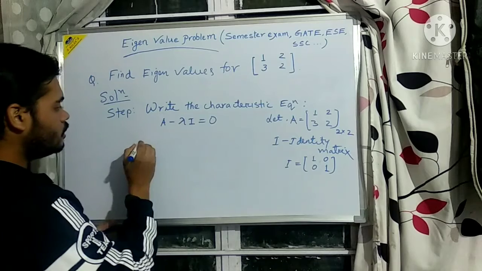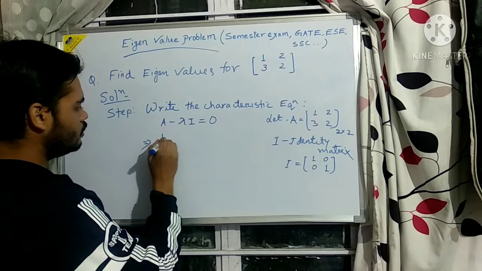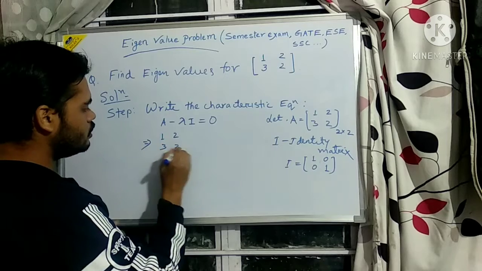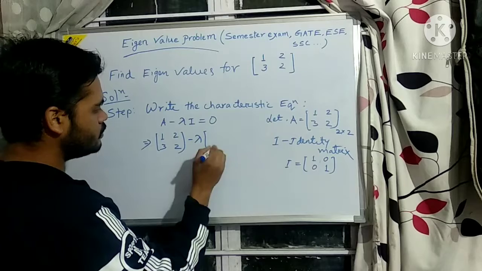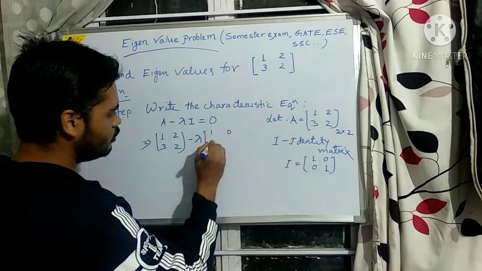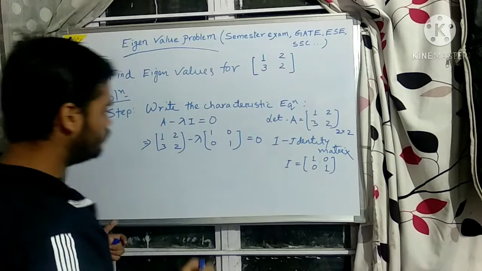So if we write the characteristic equation here, 1 2 3 2 minus lambda times I, which is 1 0 0 1, this will be equal to 0.